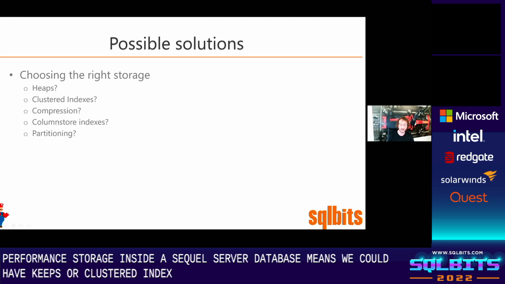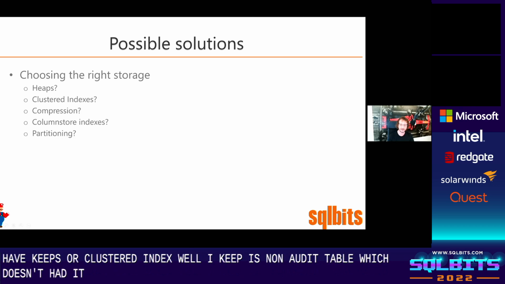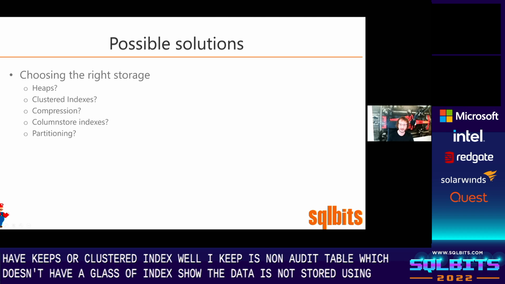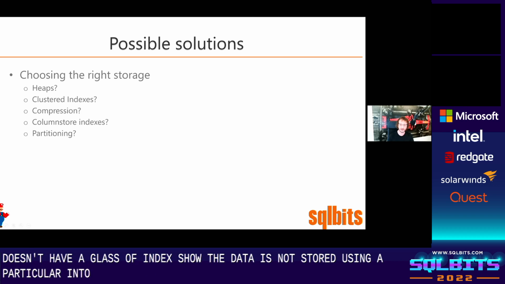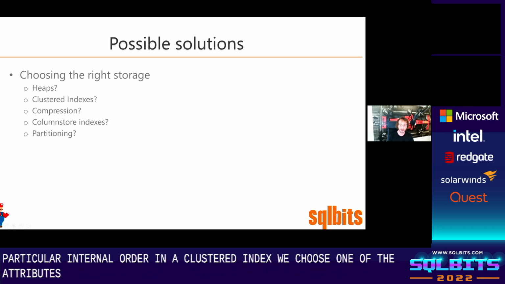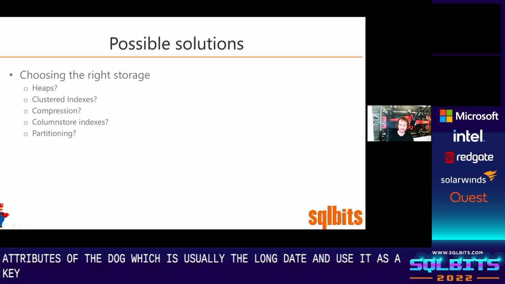Well, a heap is a non-ordered table which doesn't have a clustered index, so the data is not stored using a particular internal order. In a clustered index, we choose one of the attributes of the log, which is usually the log date, and we use it as a key to sort and store the data inside the clustered index.